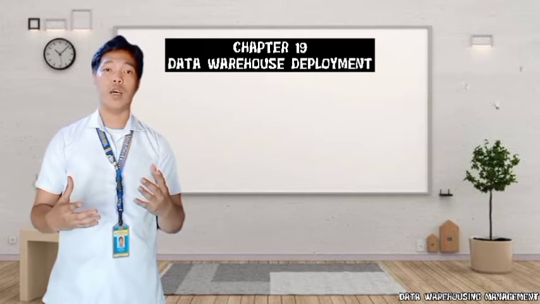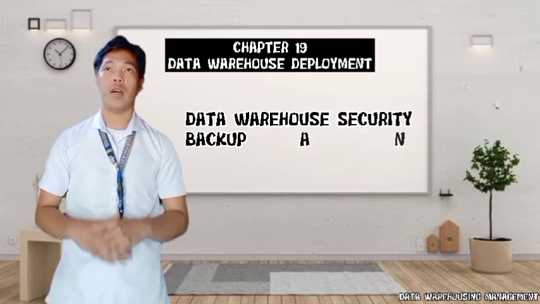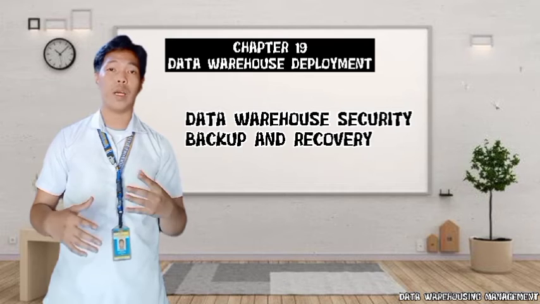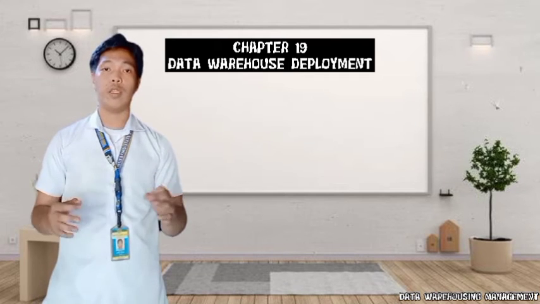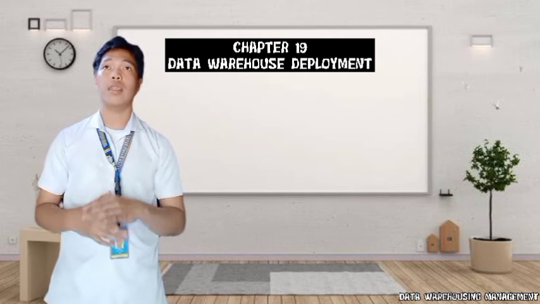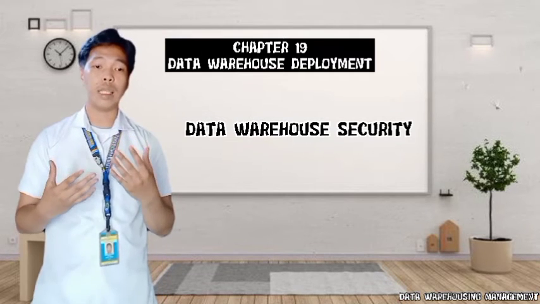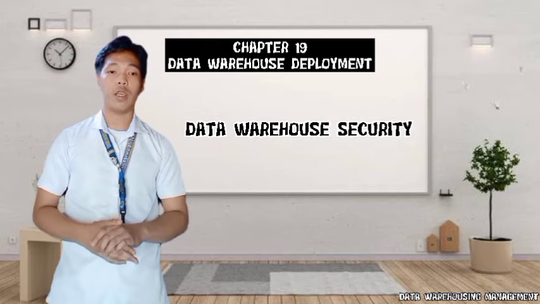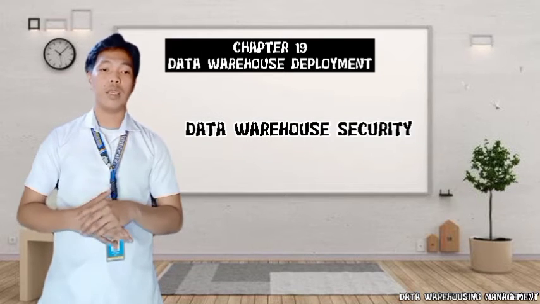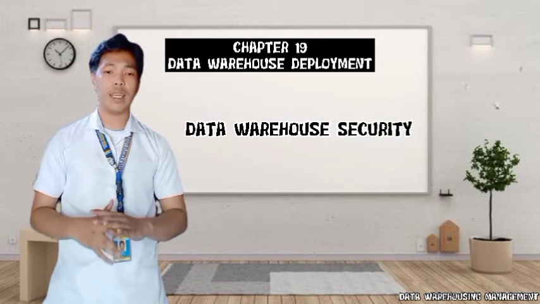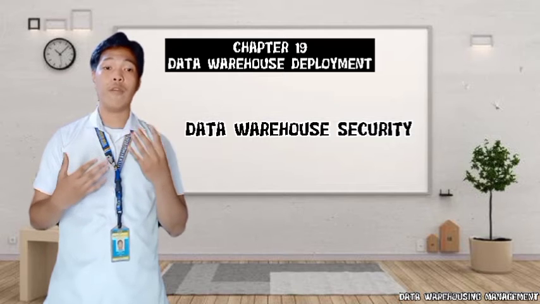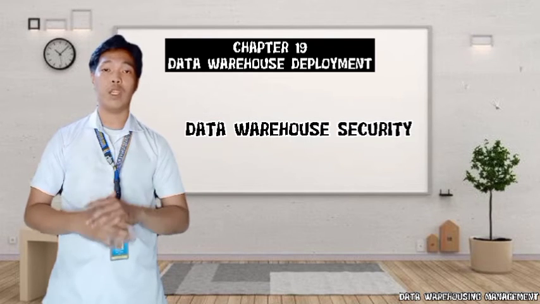So now we will move on to data warehouse security and also backup and recovery, which are part of chapter 19. First, we will be discussing data warehouse security. A data warehouse is a veritable gold mine of information. All of the organization's critical information is readily available in a format that is easy to retrieve and use.